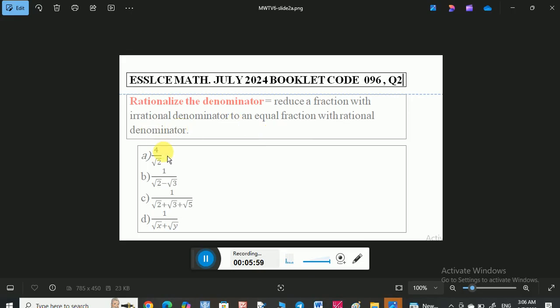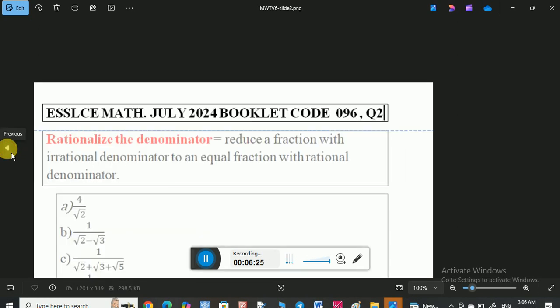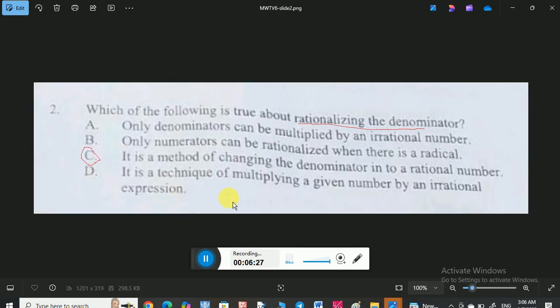For example, if we take 4 over root 2 and multiply it by root 2 over root 2, which is 1, we get 4 times root 2 over 2, which means 2 times root 2. So the denominator becomes rational when we multiply the number by root 2 over root 2. And that's what rationalizing the denominator of a number means. So let us read the choices. A, only the denominators can be multiplied by a rational number.